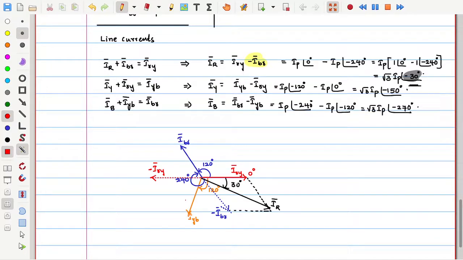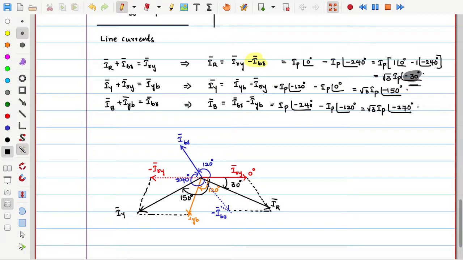Drawing the parallelogram, the diagonal gives the resultant current, which is IY. How much is the angle of IY? Minus 150. Minus means clockwise, from 0 this angle is 150. Carefully observe, I am keeping all the angles here.